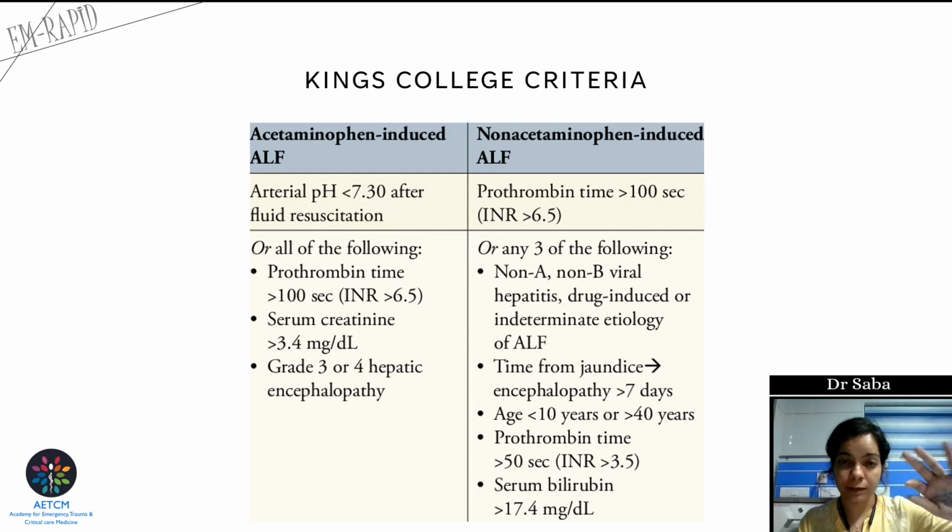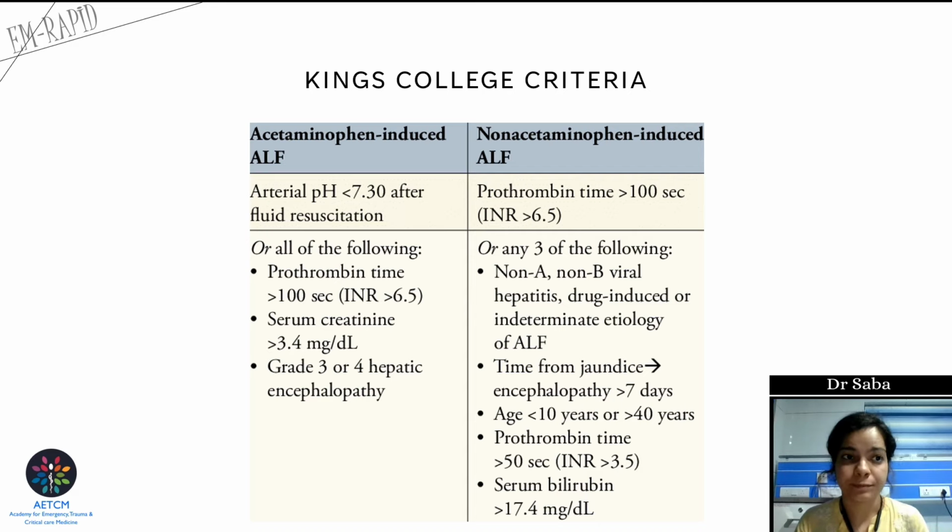So either it is refractory metabolic acidosis which is not being corrected despite fluid resuscitation, or the patient should end up in coagulopathy, renal failure, and encephalopathy for the patient to be referred to liver transplant unit for liver transplantation.